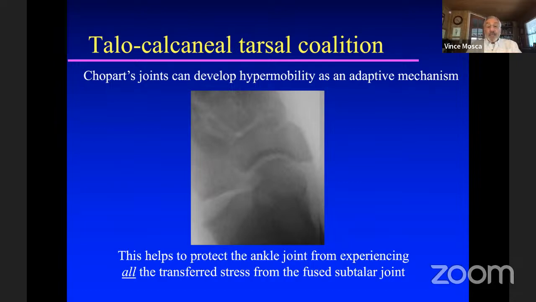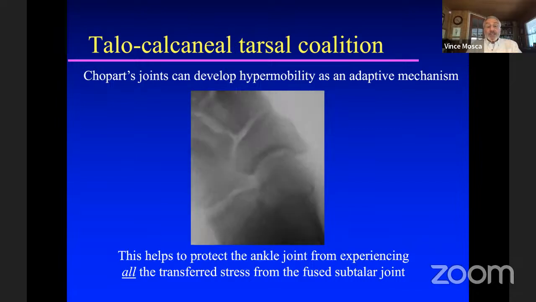Well, this was a great adaptation, and I have many examples of this where the child with a solid subtalar coalition appears to have subtalar motion, but none exists. It's because Chopart's joints can develop hypermobility. If you perform a triple arthrodesis, then you put all the stress on the ankle joint.